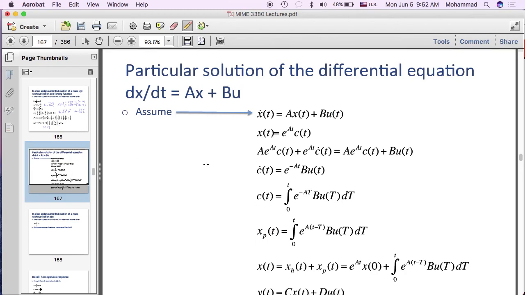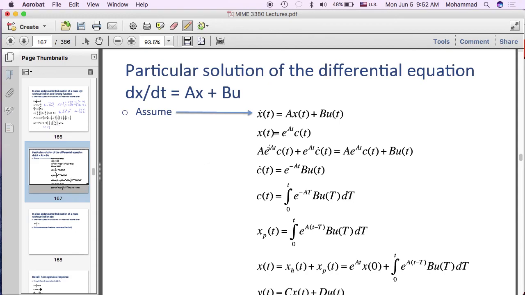Then the question becomes, what if we have a non-zero input? So the previous y was homogeneous y, in absence of any input. If we bring input, how do we take that into account? And the answer is exactly like what we did for a single differential equation.